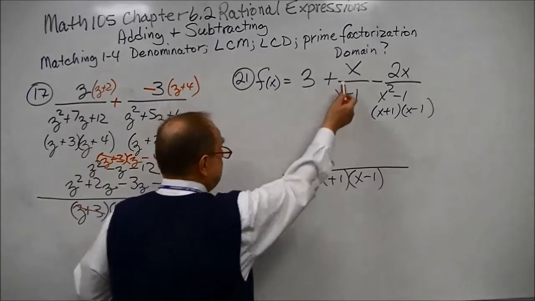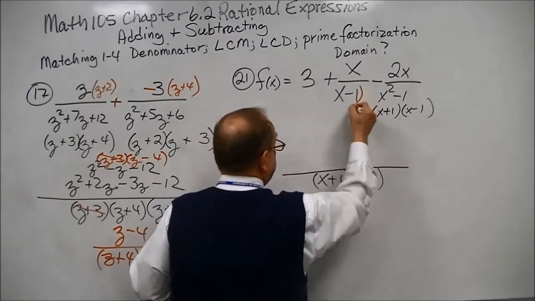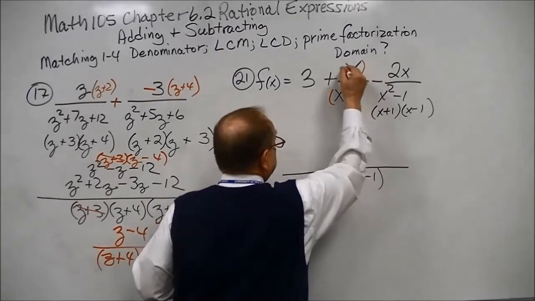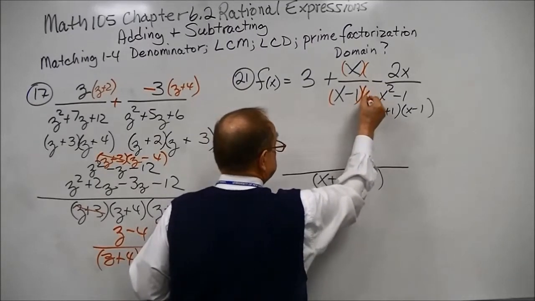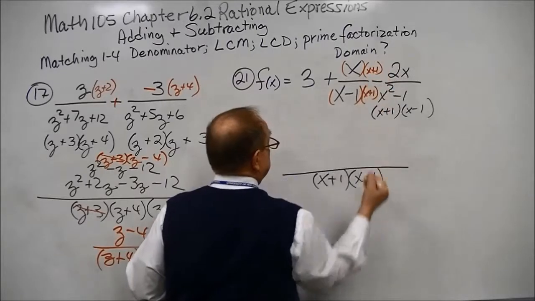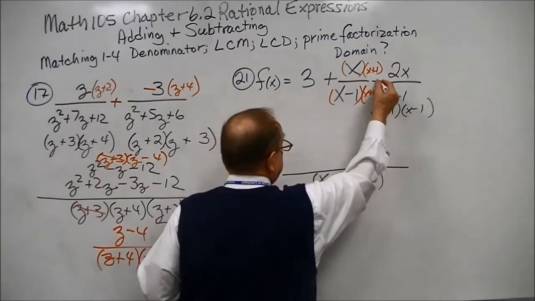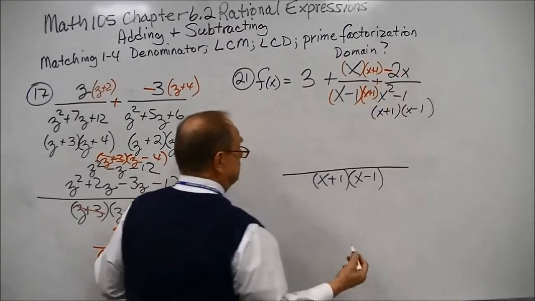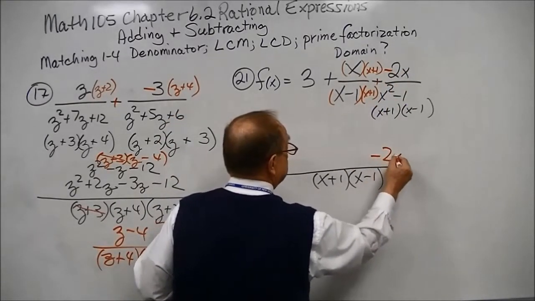So to get this fraction into this form, we have to multiply numerator and denominator by x plus 1. And if we want, we could make that a plus and put the negative there. That'll be okay, because that's just going to go right there.